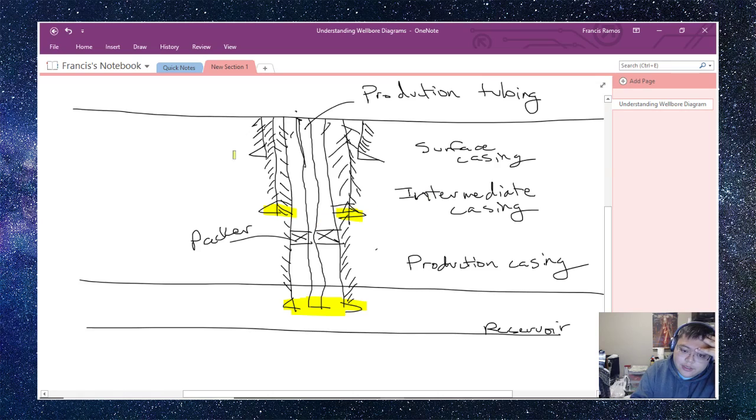Then we look at this and determine our surface casing sizes.